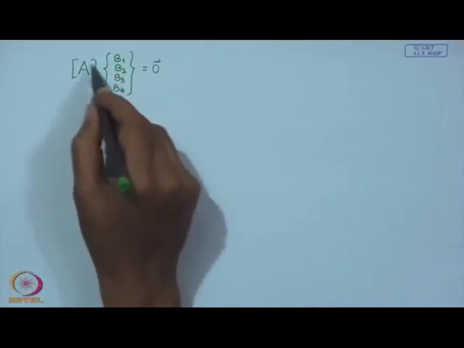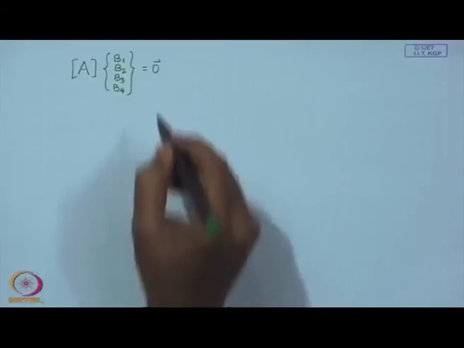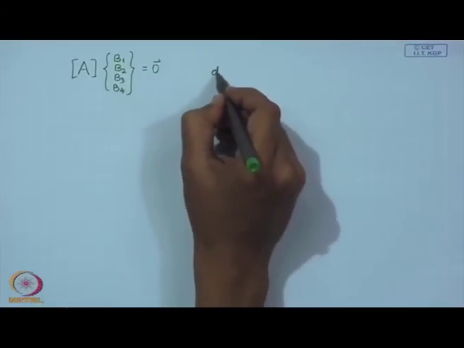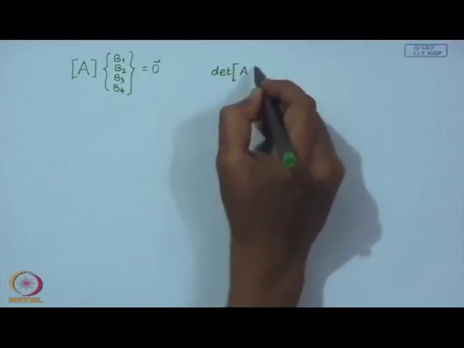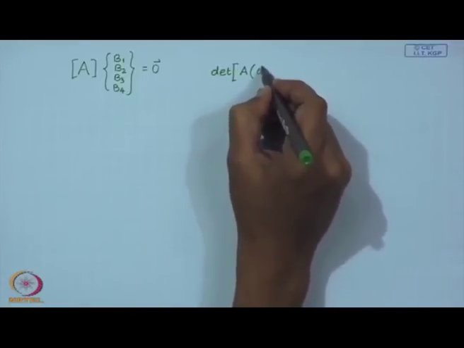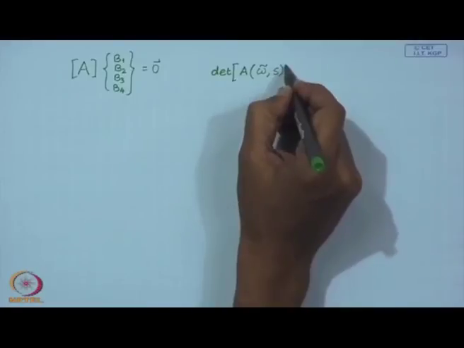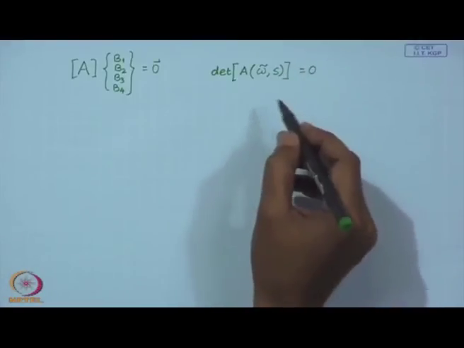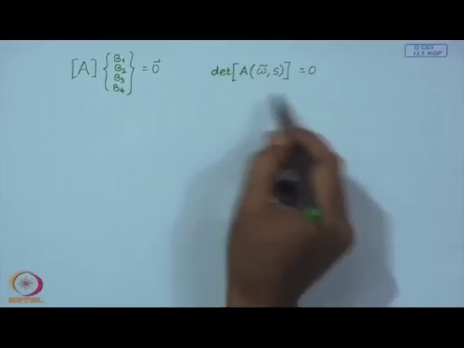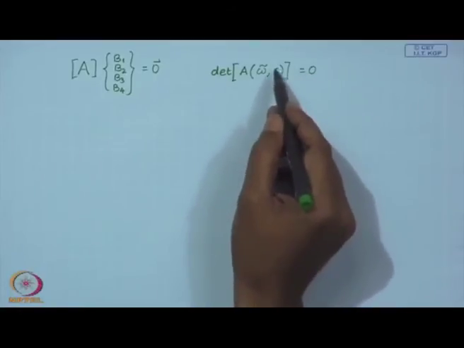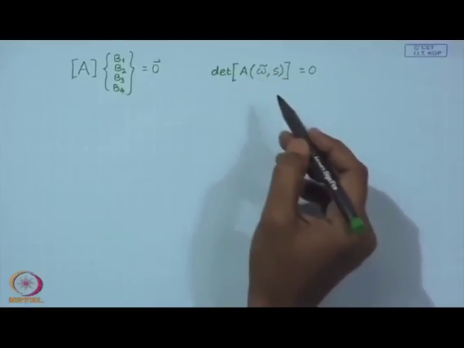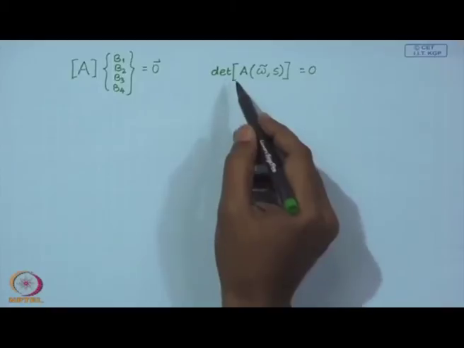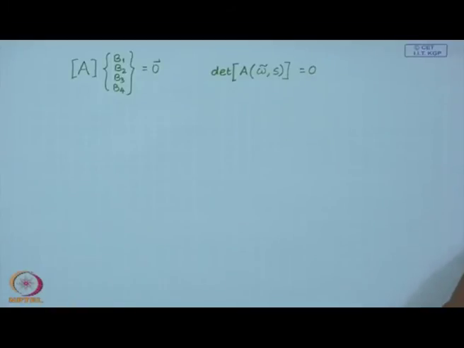So, for non-trivial solutions of these coefficients, the determinant of A must vanish, and remember that A is a function of omega tilde and S, the loading. So, if you are given a load S, you can solve for the circular natural frequencies of the beam, and this can be solved numerically.